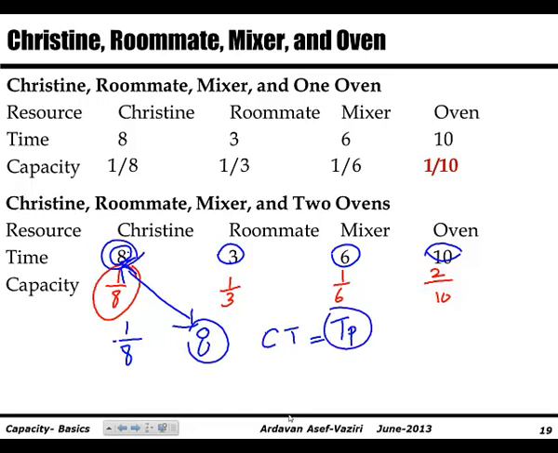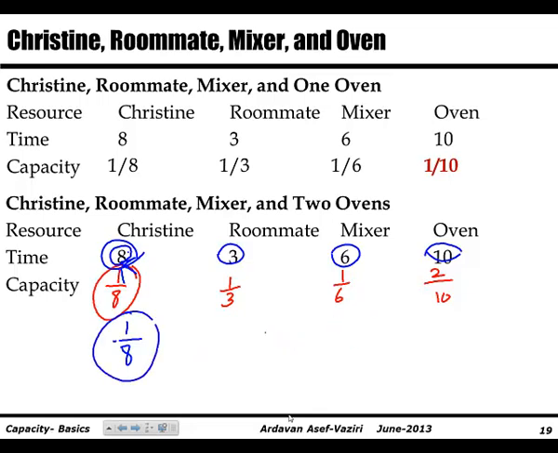Cycle time is equal to the TP of the bottleneck if I have only one resource unit in the resource pool of my bottleneck. But if you don't want to care whether you have one resource unit or 10 resource units, you just take the capacity of the bottleneck, which is 1 over 8 in 1 minute. You can produce 1 over 8 product. Therefore, after 8 minutes, you can produce 1 product.